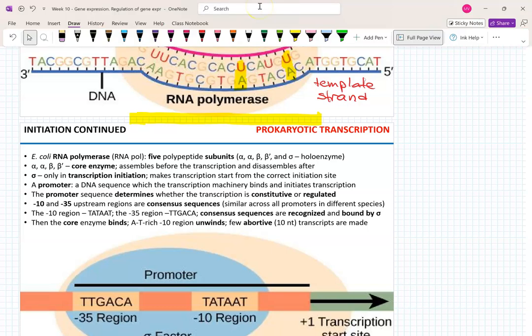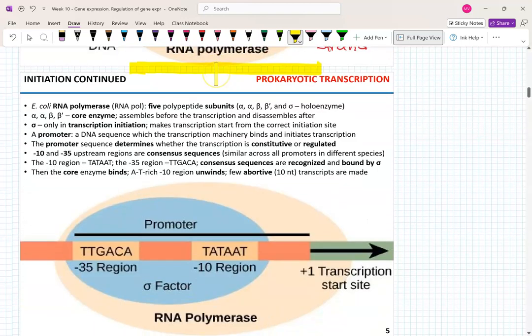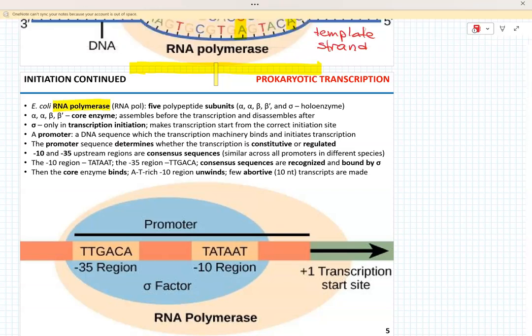So what happens after the double-stranded DNA helix unwinds? Well, the enzyme that synthesizes RNA, the so-called RNA polymerase, binds to the DNA. RNA polymerase consists of 5 polypeptide subunits: 2 identical alpha subunits, beta and beta prime subunits, and a special sigma factor.